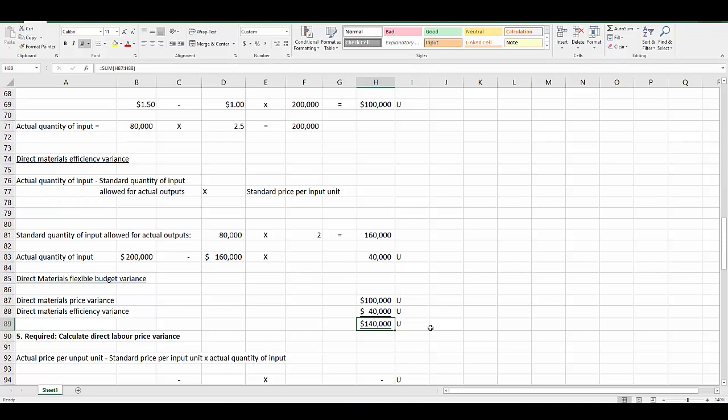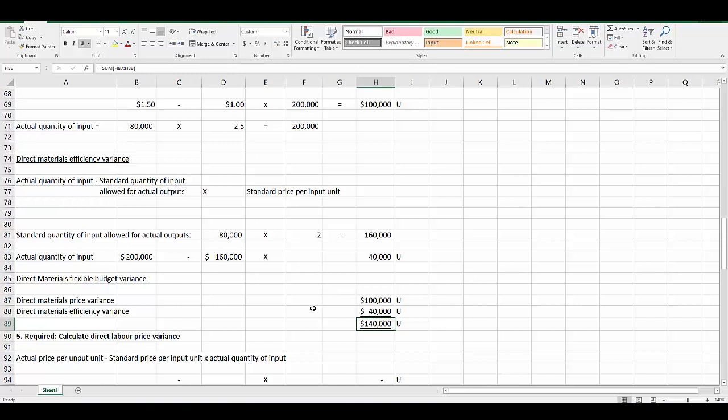And that's comprised of a price increase, which accounted for the 100,000, an increase in the price of your direct materials, and the other factor here was you used more direct materials than you should have for that level of output. So that's your 140,000.